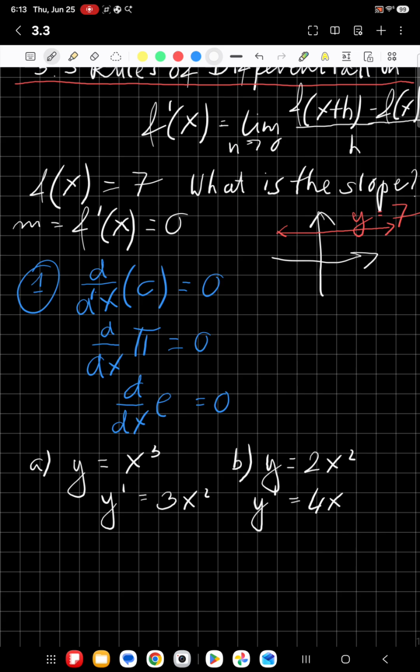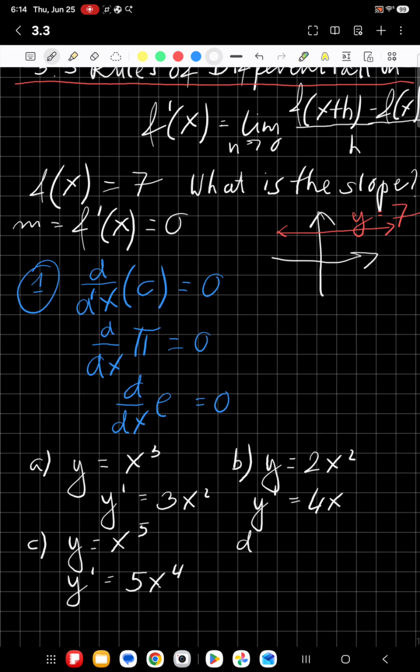Now let's do a couple more. C: y equals x to the 5th. Again, what is the derivative of that? 5x to the 4th.